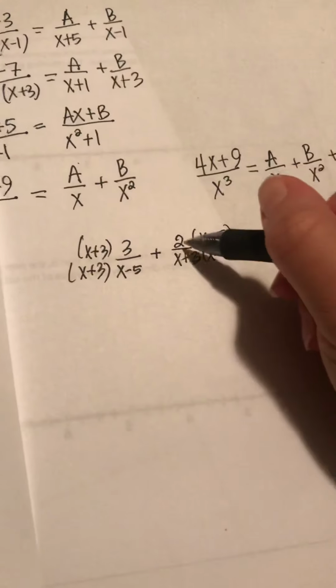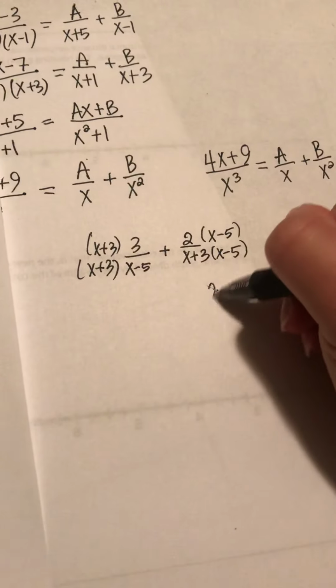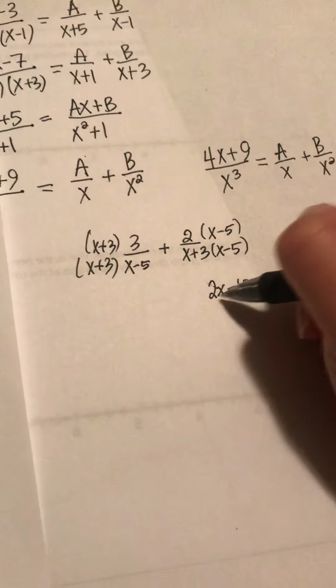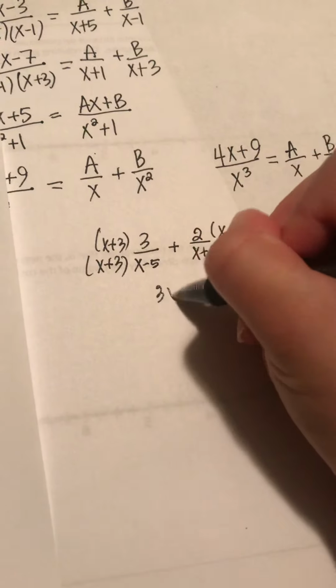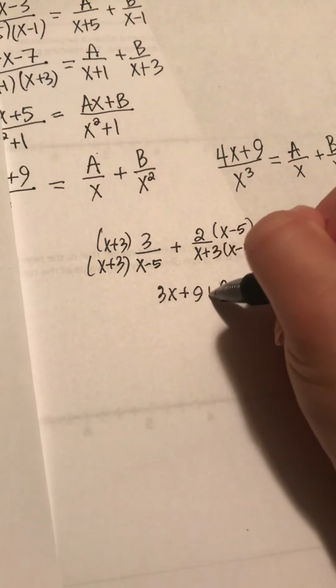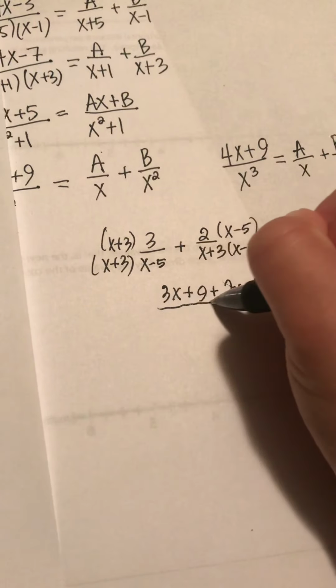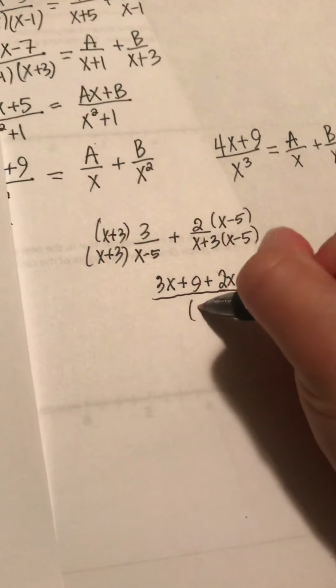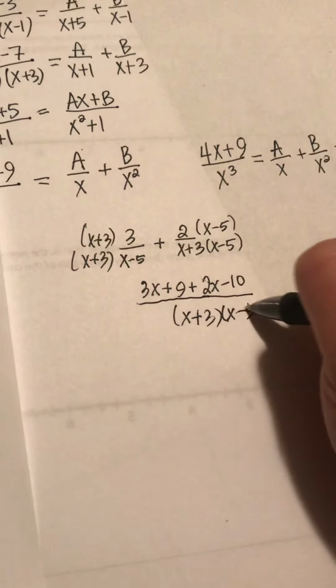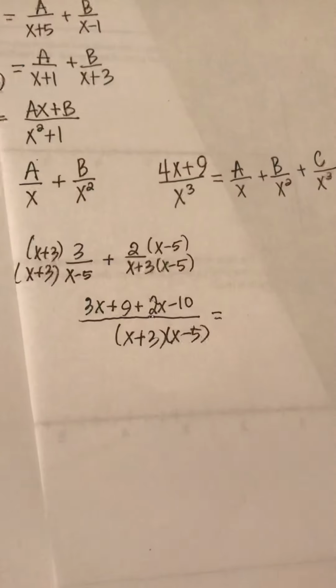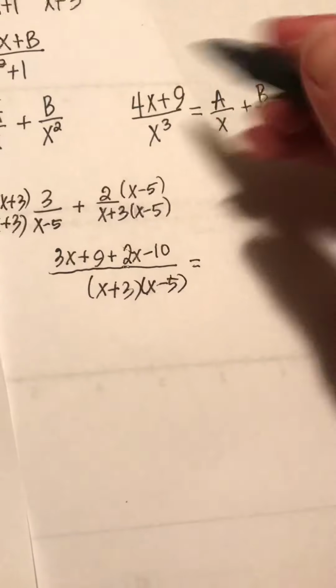And then we're going to go ahead and distribute the top, so 3x minus 15, and then over here is 2x plus 6, all over the common denominator, which is x plus 3 times x minus 5. And we're going to add those together, combine like terms on the top.